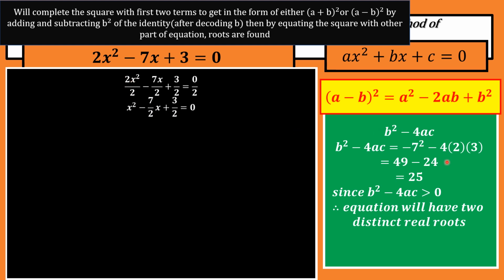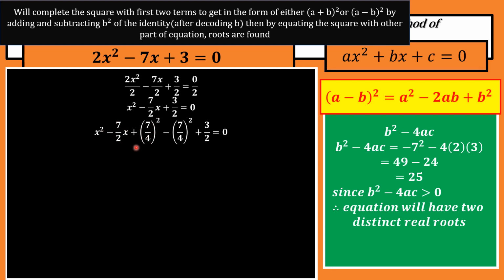Whatever we get, the first two terms are written as they are. We get x square minus 7 upon 2 x plus 3 upon 2 is equal to 0. So the trick is this: the first two terms, x square minus 7 upon 2 x, are written as they are. Next, we'll half the coefficient of x, this 7 upon 2, and square it.